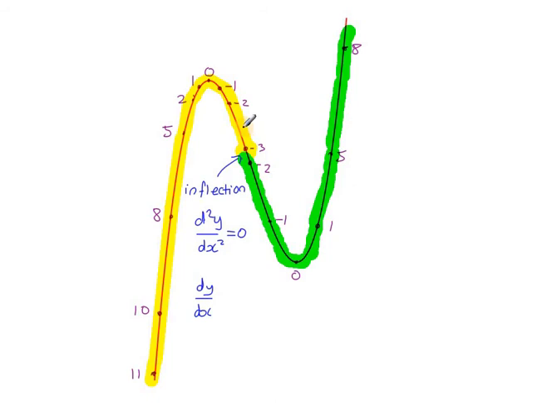So the gradient on this side is negative, on this side it's also negative. In this example, let's say the gradient here is minus 8, minus 6 here, minus 2, minus 1, then a stationary point, it's 0, and then just by symmetry that's 1, that's 2, that's 6, and that's 8.